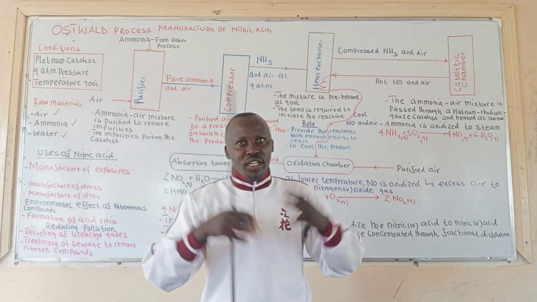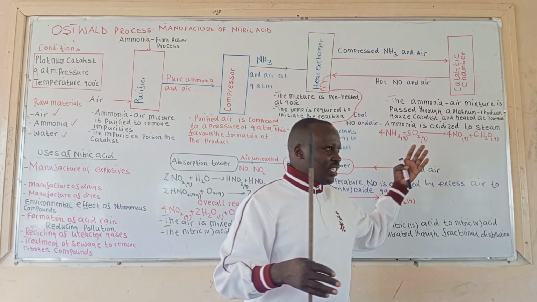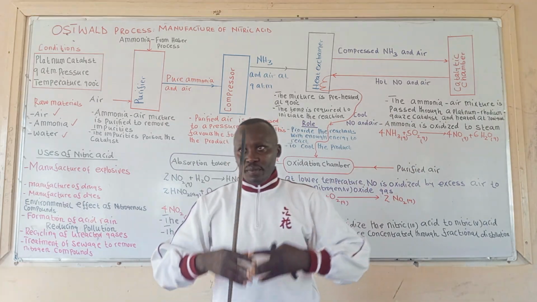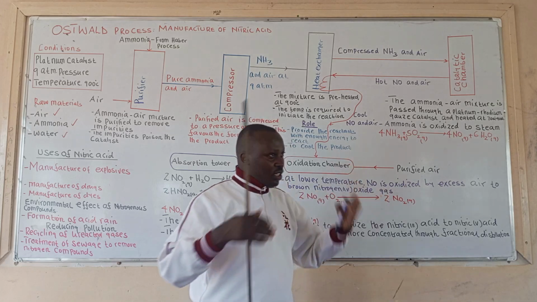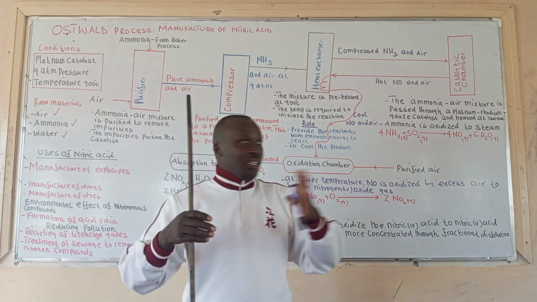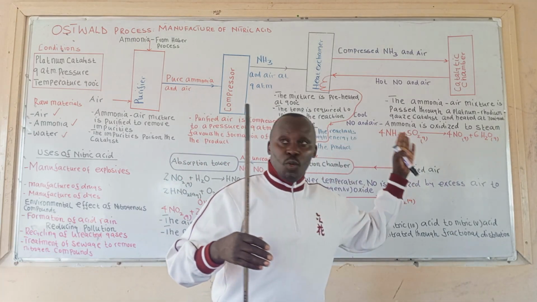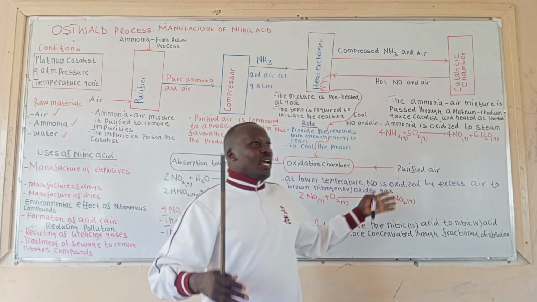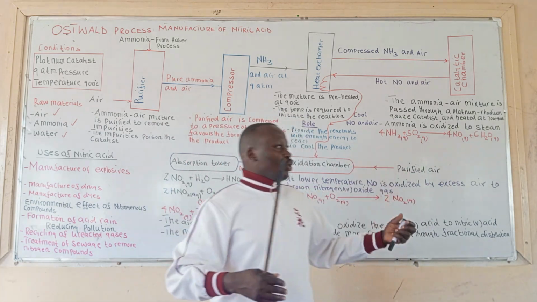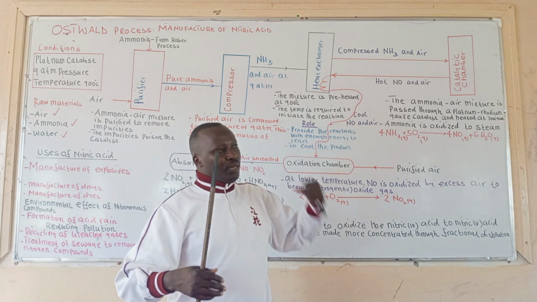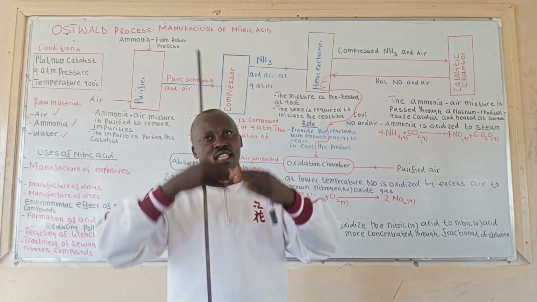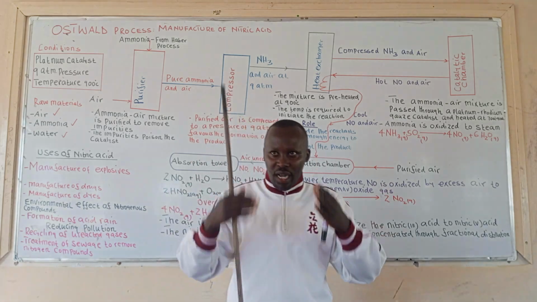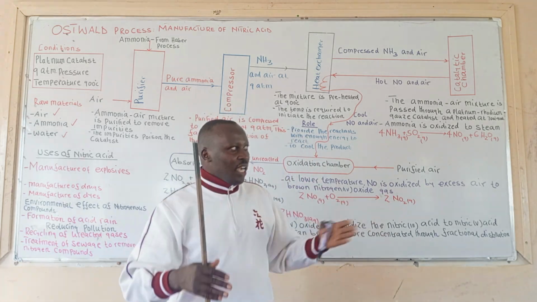Once air and ammonia combine, they will form a product of nitrogen(II) oxide, and in this case, water vapor. So what happens here? The product needs to be cooled, so they will be taken back into the heat exchanger. So the role of the heat exchanger is to provide the reactants with enough energy for them to react.